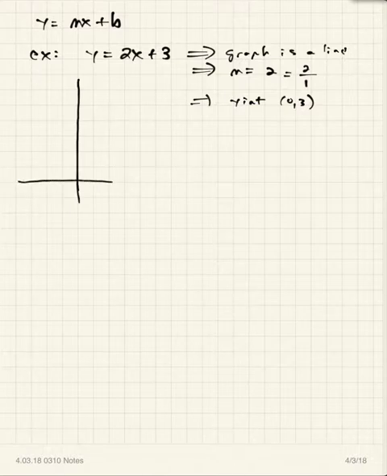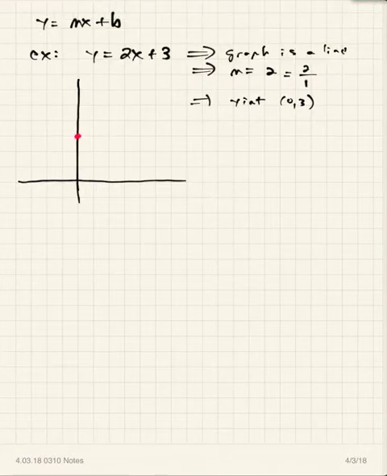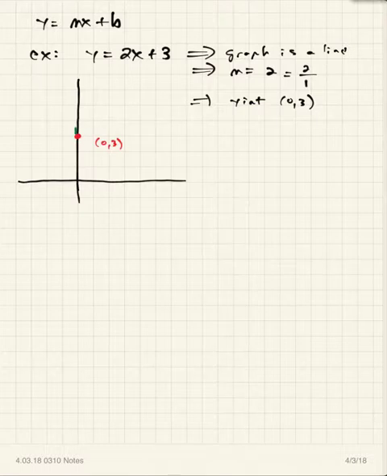So notice you could actually make a sketch using that pretty efficiently here. You know that the y-intercept is at (0, 3), and you know that the slope is 2, so that's rise over run. This is simply saying that every time you go up by 2, you go over by 1. Up by 2, over by 1. And if you do that forever, you continually fall on the line.